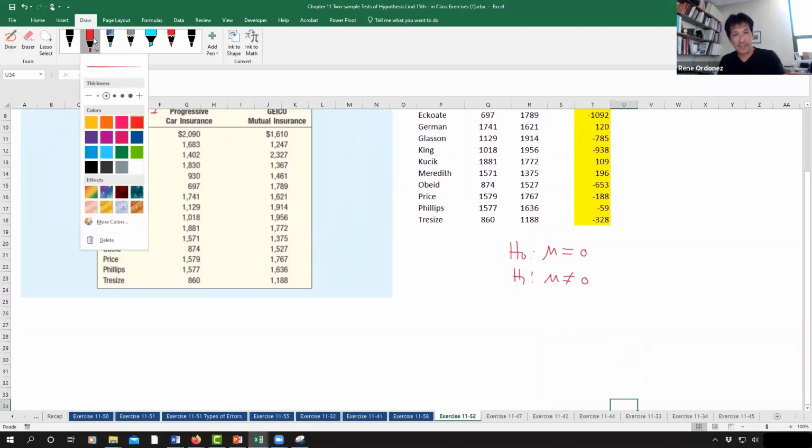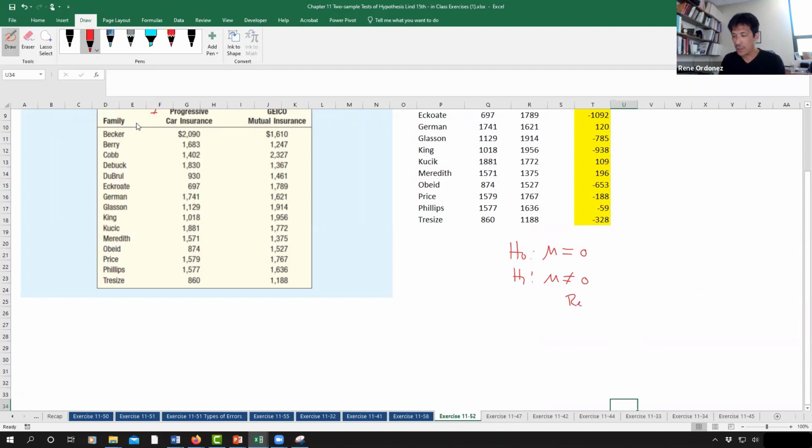So we will say reject H0 if the p-value is less than alpha, or you can use the computed T if the absolute value of the computed T is greater than the critical T.